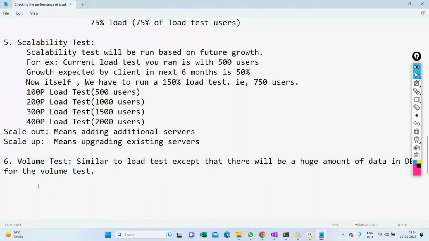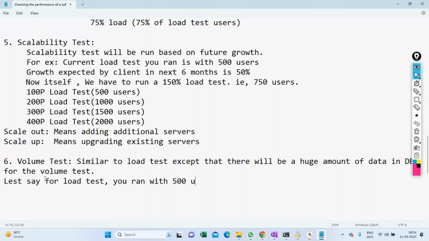Now, let's say for the load test, you ran with 500 users. That's fine.